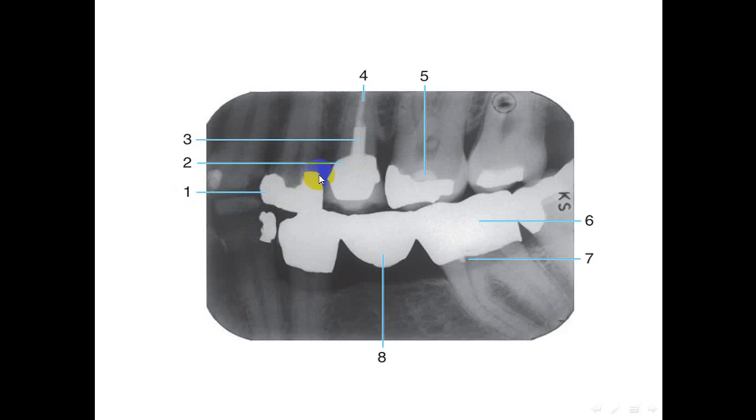Second is the porcelain fused to metal crown. Third is the post anchor. Four is the Ketteberge. Five is the base material or lining material.